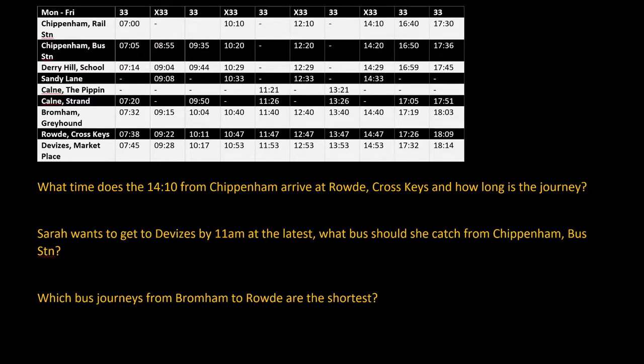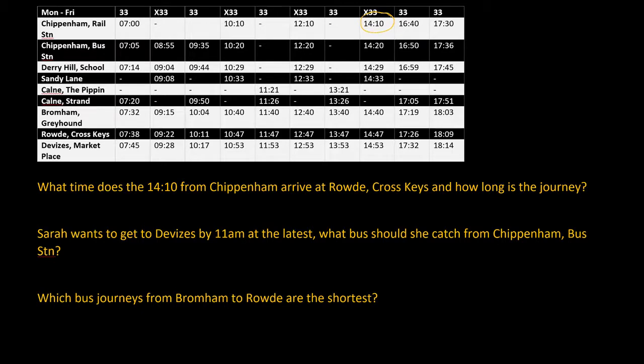So we're going to look at some very simple questions that you might be asked involving a timetable. The first one says, what time does the 14:10 from Chippenham arrive at Rowdy Crosskeys, and how long is the journey? So let's find that 14:10.